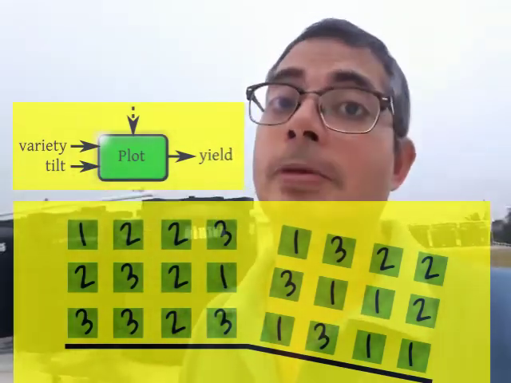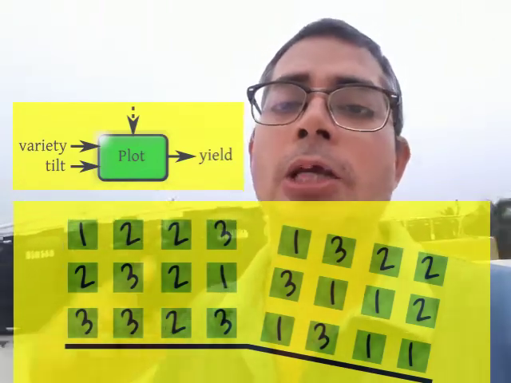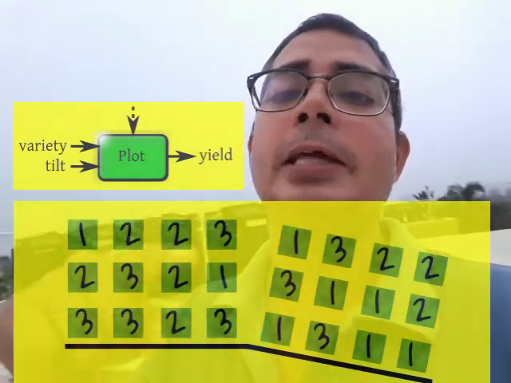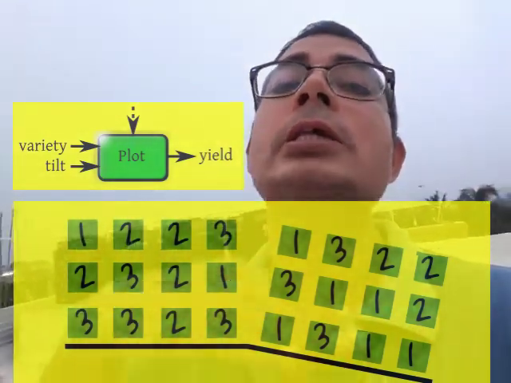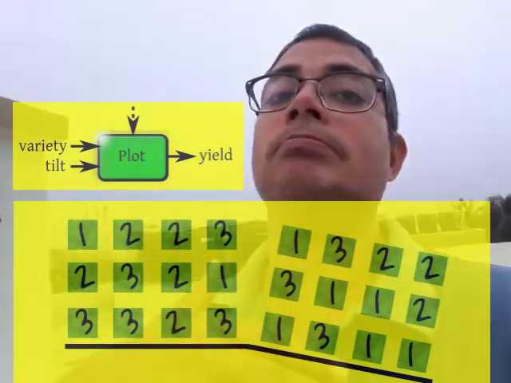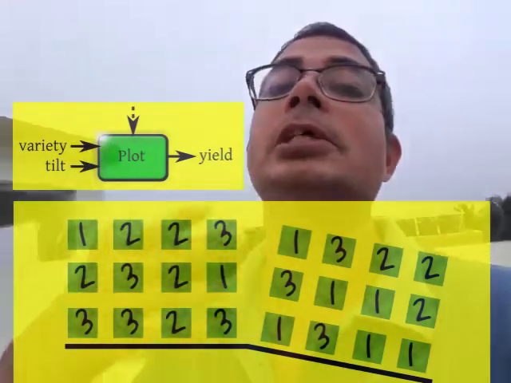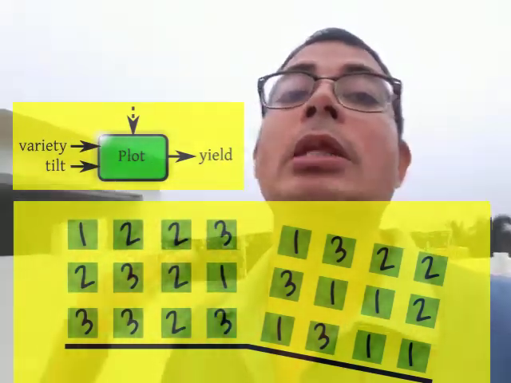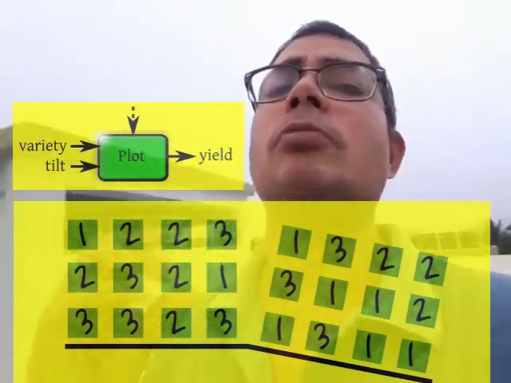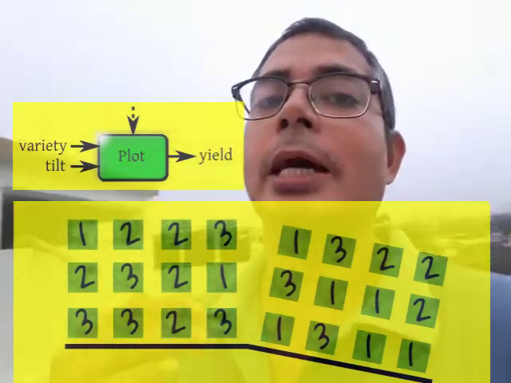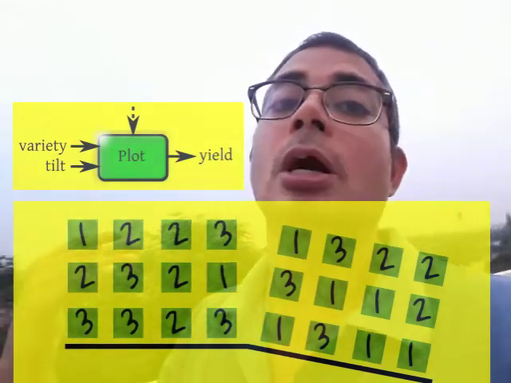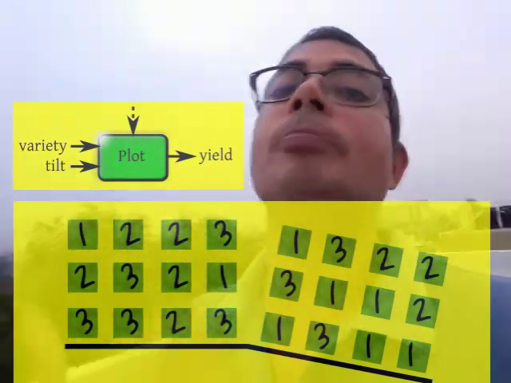If you do that, that would be bad, because just look carefully, you have got lots of ones. Most of the plots that are using variety 1 happen to be on the sloping side. So if you find that the average yield of variety 1 is low, you would not be able to say whether it was because that particular variety was bad, or because that variety, or any of the varieties for that matter, does not grow well on a sloping terrain.